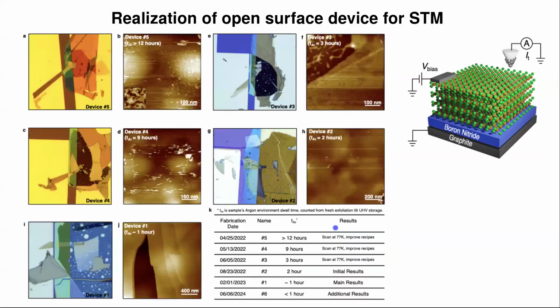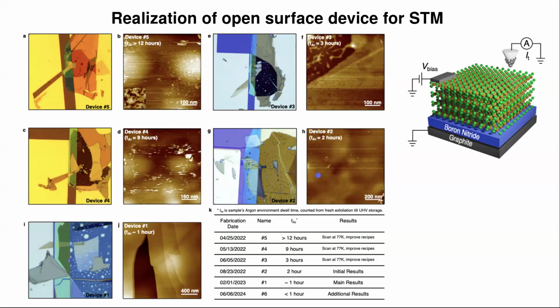I want to emphasize the importance of paying attention to the fabrication details here, because in the beginning we would always get contaminated surfaces. This is a series of attempts that Lingyuan made in fabricating the samples and transferring them into the STM.